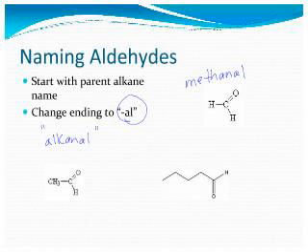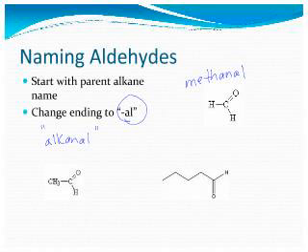Now, there was an older naming system for organic compounds. You'll notice this compound is related to formic acid. When we talked about the carboxylic acids, there's a carboxylic acid called formic acid, so this is sometimes called formaldehyde. It's a common name. All right, methanal is the proper name.